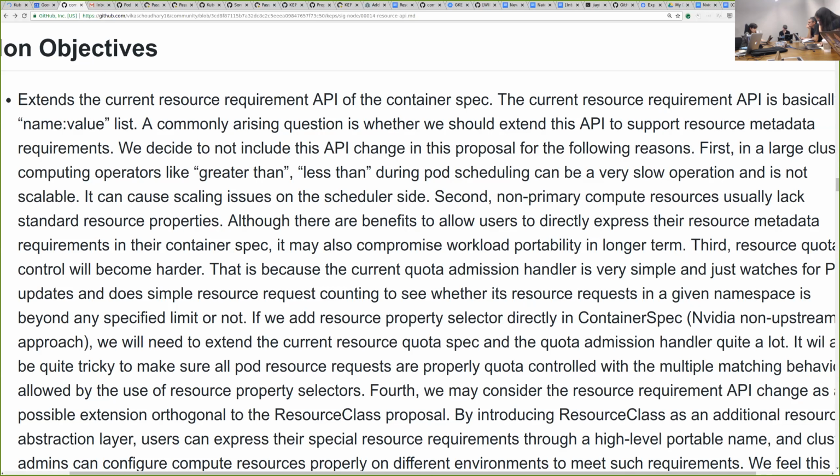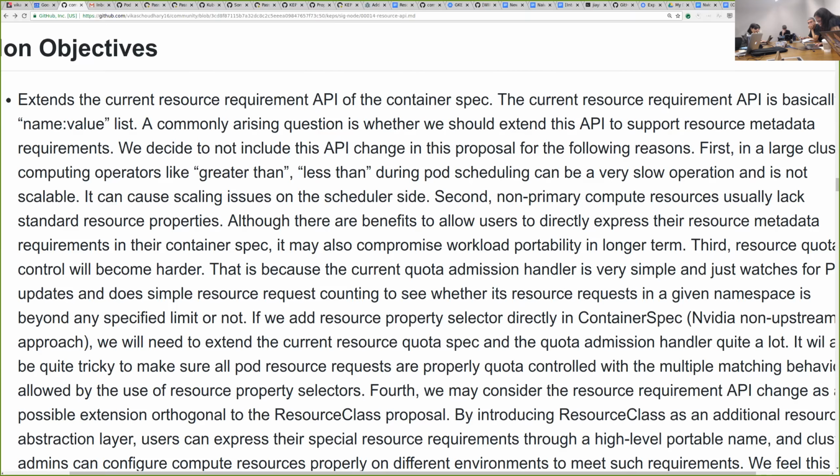One of the reasons we want to introduce a resource class is so that the scheduler can cache the matching information from resource class to compute resource. The cache update is done when new nodes are introduced or resource classes are modified, which we expect to be much less frequent than evaluating whether every pod fits every node's available resources. So that's one of the main reasons.